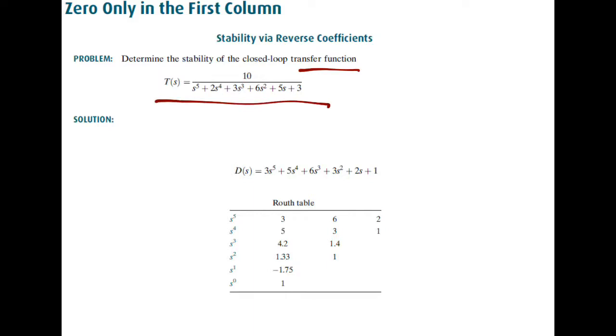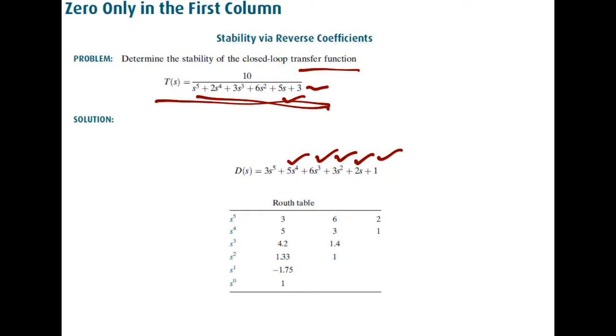From the discussion, we write a polynomial that has the reciprocal roots of the denominator, and this polynomial is formed by writing the coefficients in reverse order, that is 3s^5, then 5s^4, 6s^3, 3s^2, 2s and 1. That is, we write this equation in the reverse order, and after that we form the Routh table.